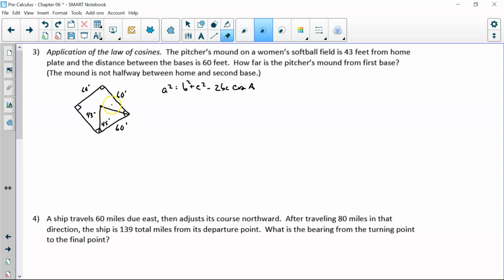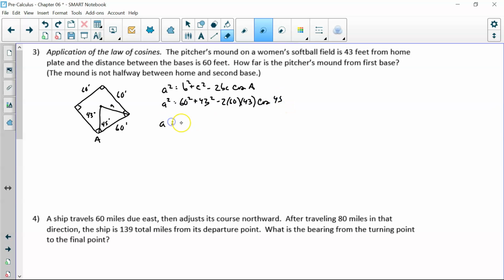We'll call this side A, and this will be angle A over here. And that's really all that matters. A squared equals 60 squared plus 43 squared minus 2 times 60 times 43 times the cosine of 45.